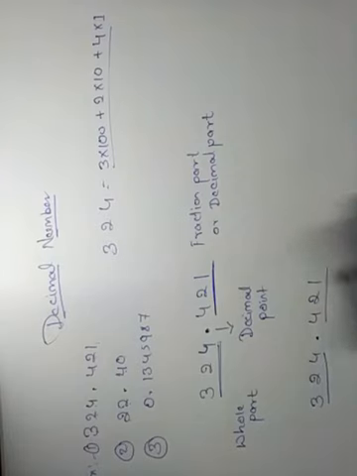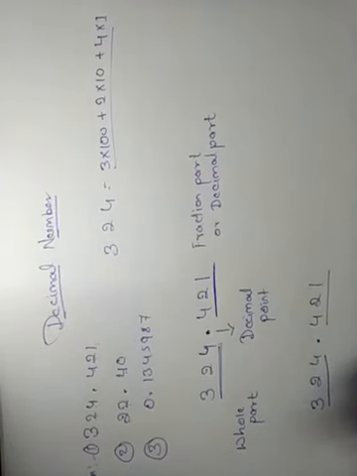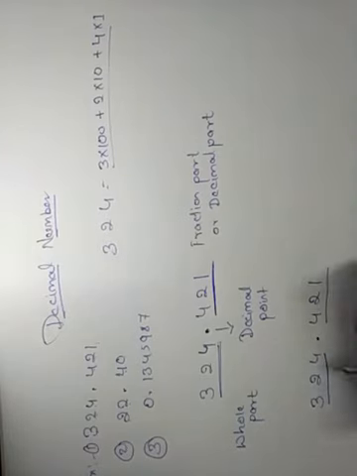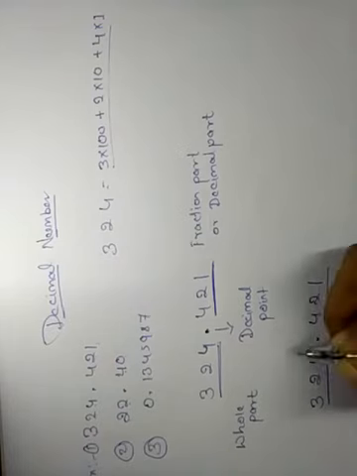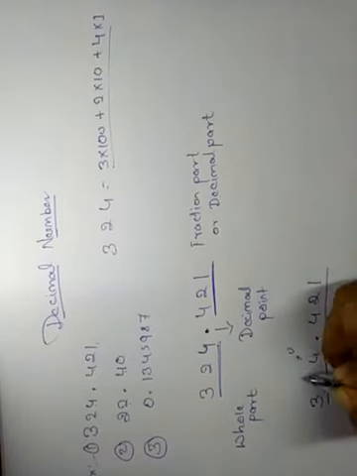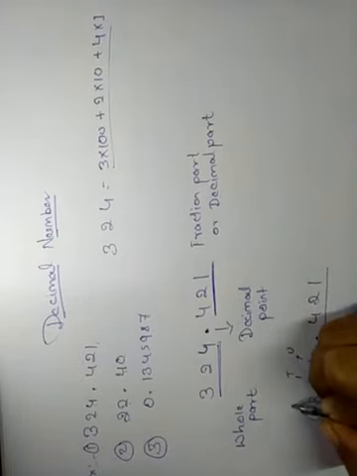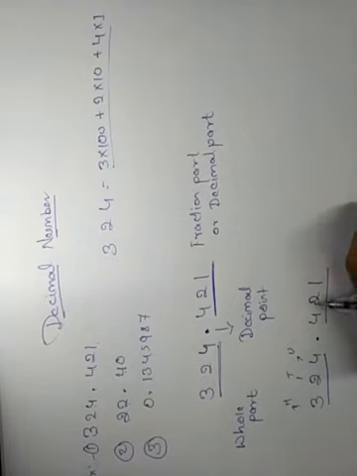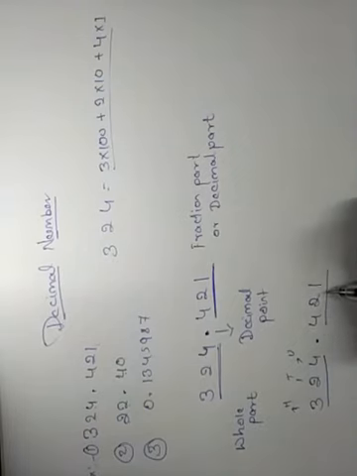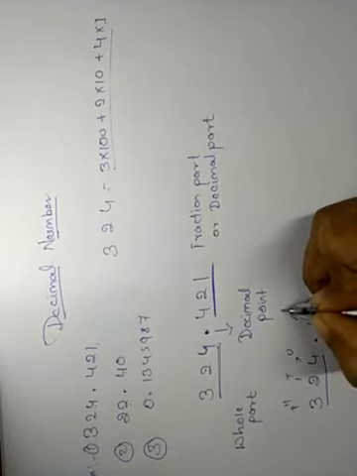But what about the fraction part here? The basic thing is that the whole part always starts with a place value, that is units, tens, hundreds, isn't it? But the digits which are present after the decimal point, their place value starts with tenth.